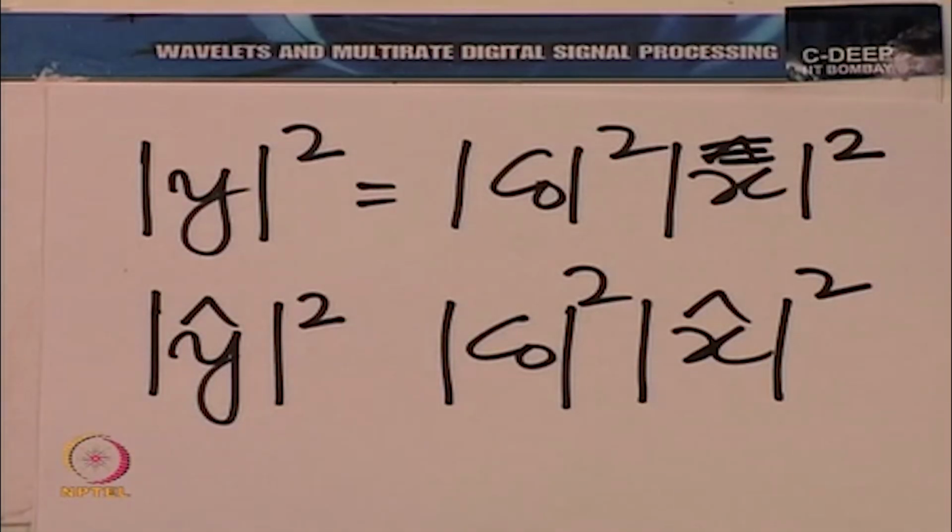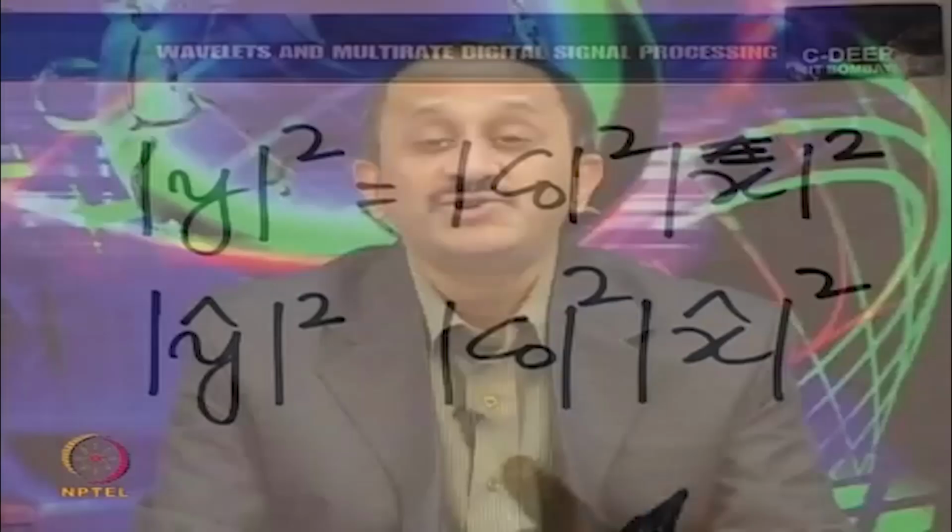Now, when we take a ratio, this mod C 0 squared being non-zero is going to cancel from the numerator and denominator. And therefore, when we scale the dependent variable, there is no effect on the time center or the frequency center. Let us make a note of that.